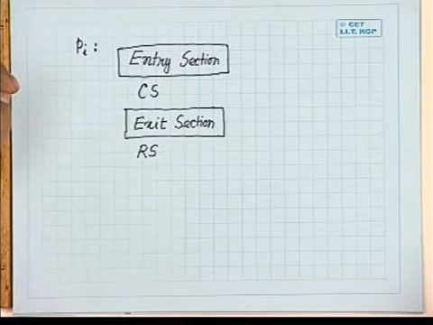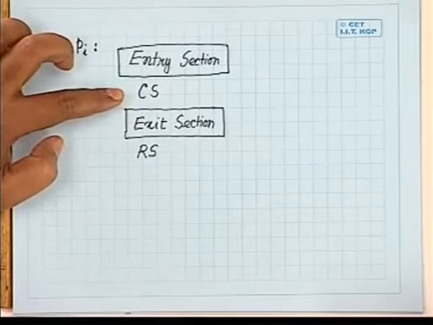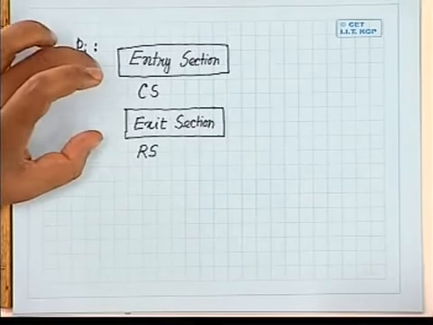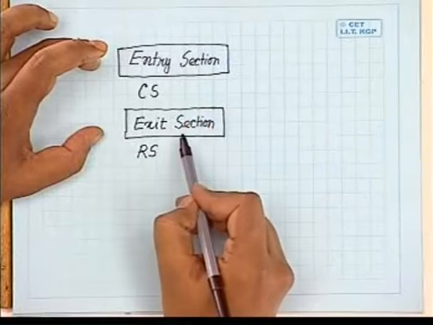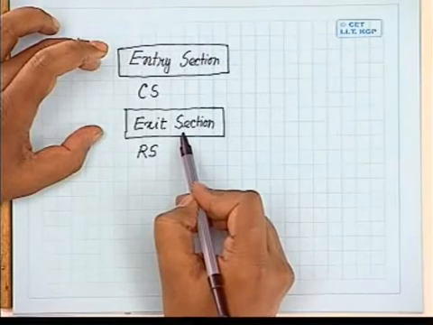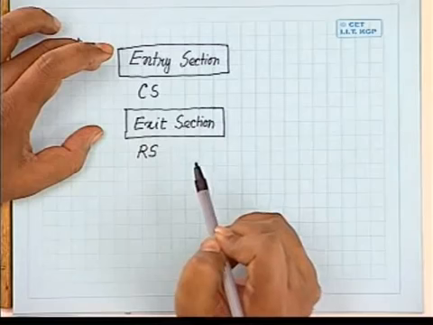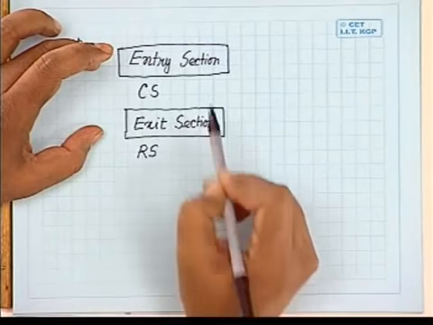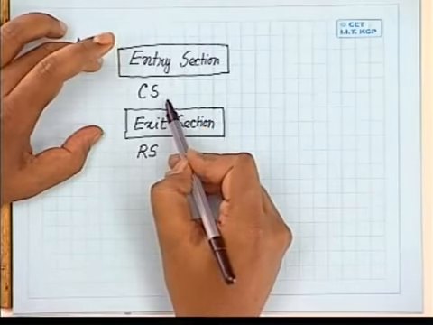For any process who wants to enter the critical section, it must have two other additional sections of the code. One is the entry section and one is the exit section. In the entry section, the decision has to be taken whether the process can enter the critical section, and also some locking mechanism has to be done if the process is given access.